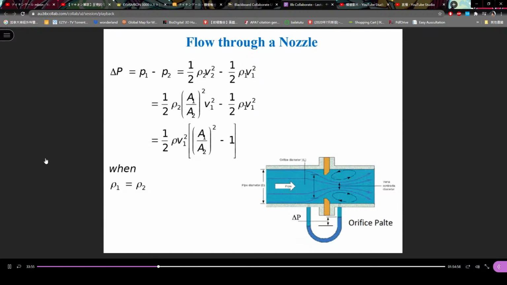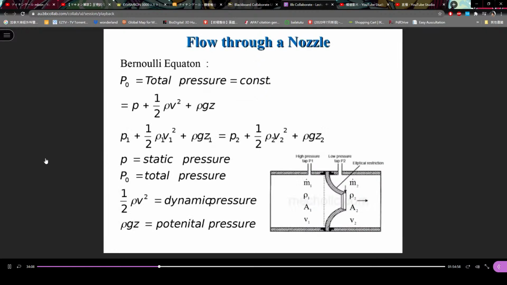And flows through a nozzle. And how to calculate it? Say the pressure difference is equal to P1 minus P2 here. Say this Bernoulli's equation. What is the pressure difference? P1 minus P2 must be equal to, because it's deleted, the kinetic energy at position 2 minus the kinetic energy at position 1.